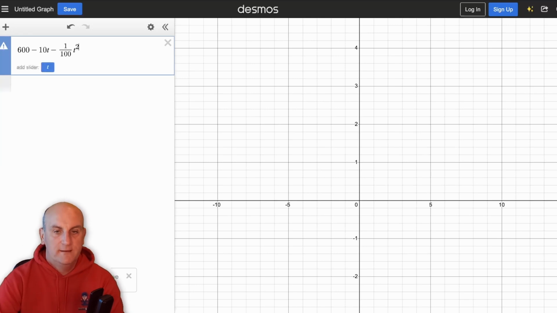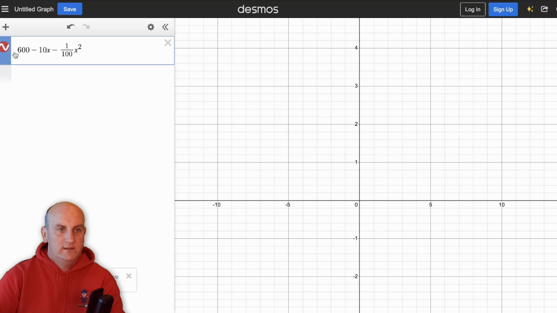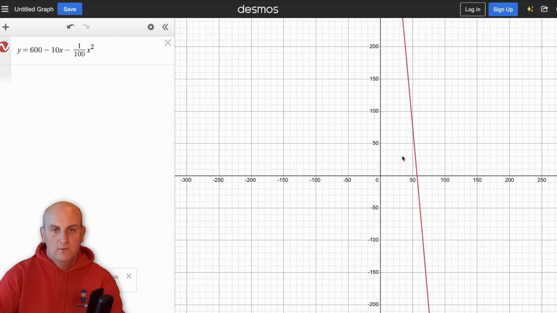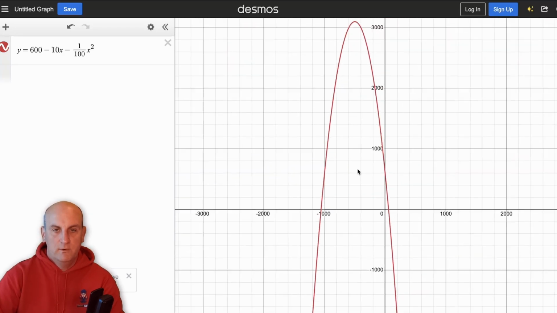Now, the problem with this is I've done t. Desmos doesn't understand what I'm talking about. So let's change that to x. And, fingers crossed, if I just do y equals now. Where's my graph? Well, if I zoom out, we're probably going to find that there is my model there.